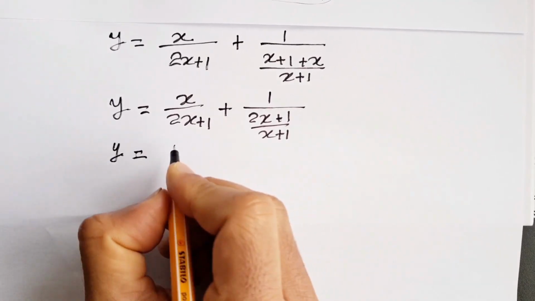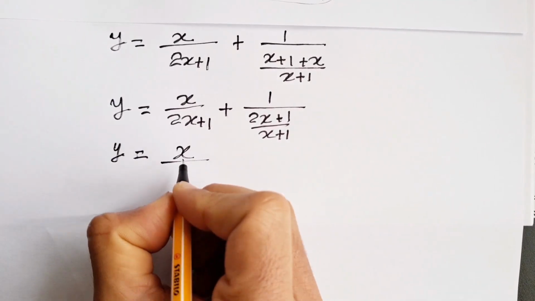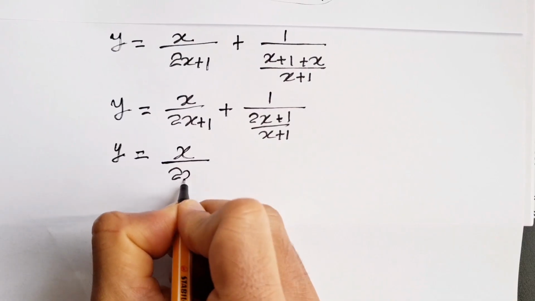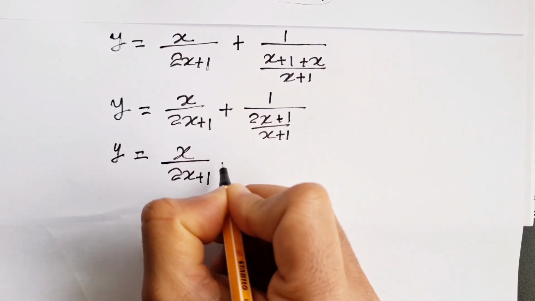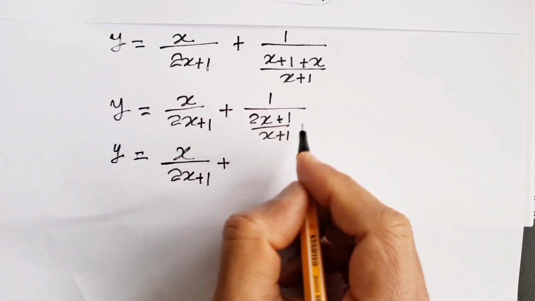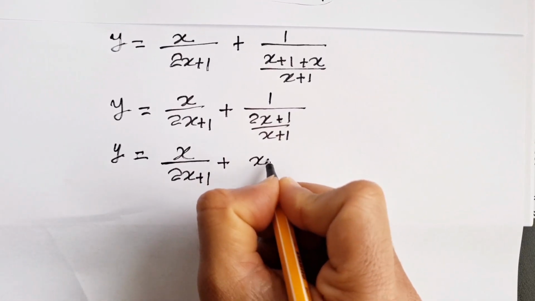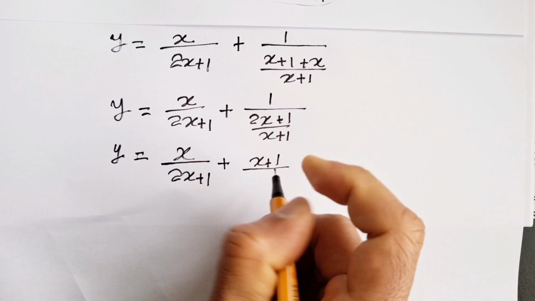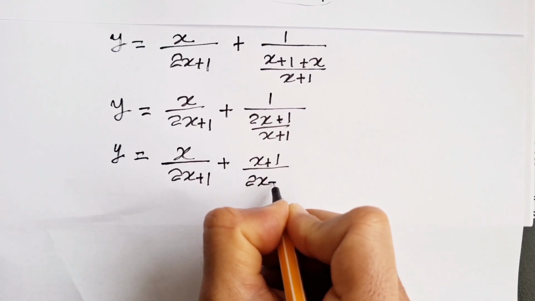y equals x over 2x plus 1 plus, now we can rewrite this whole fraction like this, x plus 1 over 2x plus 1.